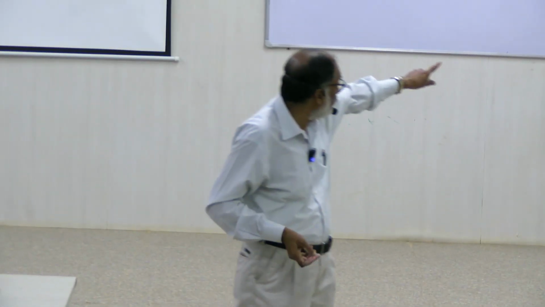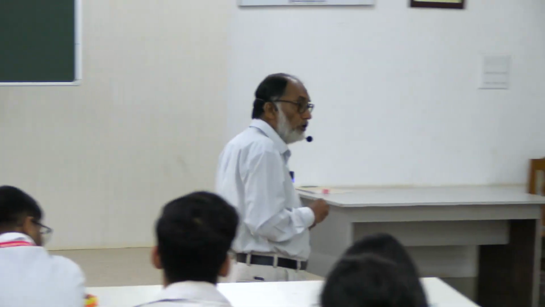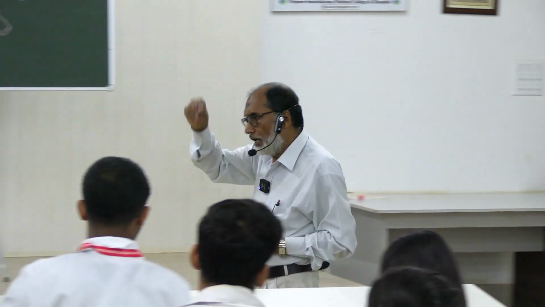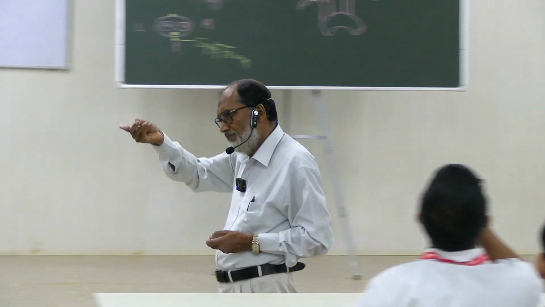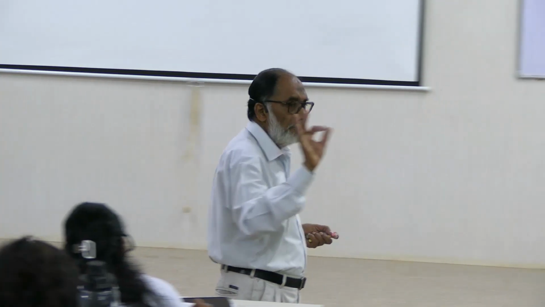Now there is another important structure that lies behind the bifurcation of the common carotid artery, that is called the carotid body. That carotid body is brown in color, oval in shape, and it lies behind the bifurcation, and it is also supplied by these three nerves: glossopharyngeal, vagus, and sympathetic.